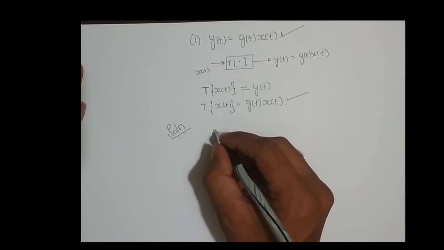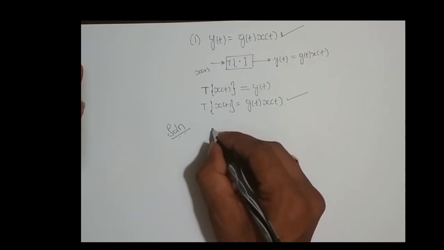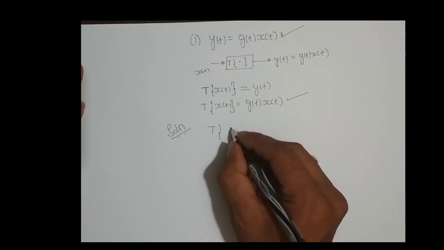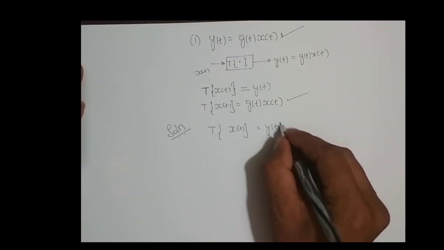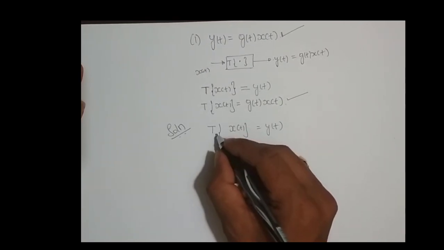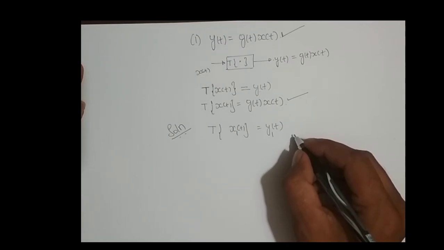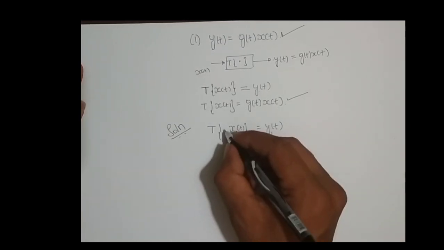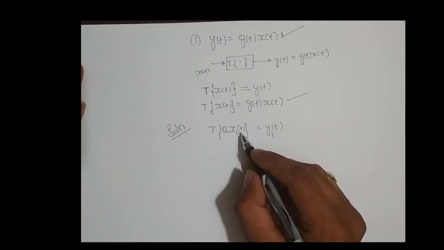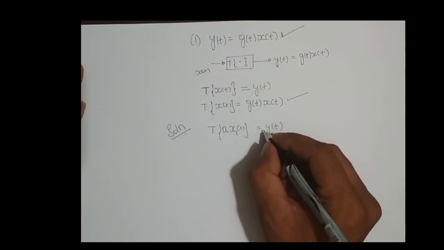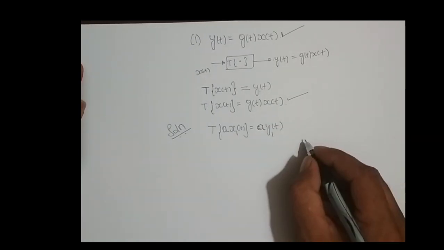Now, as per the statement of the linearity property, you feed the individual input. Say if I feed x of t, I get y of t. But for the system, if I feed x1 of t, I should get y1 of t. Correct? But if I feed a scaled input, which is a times x1 of t, the output should also be accordingly scaled, which is a times y1 of t.